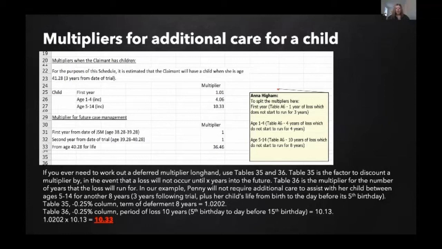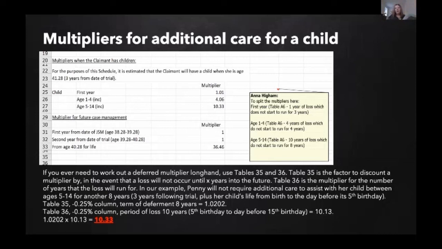What we know is that Penny is going to incur a few years of losses, but the loss isn't going to begin until Penny has a child a few years into the future. To work out these multipliers, you need table A6 in facts and figures. It's on page 42 of this edition, and essentially table A6 has done the hard work for you.